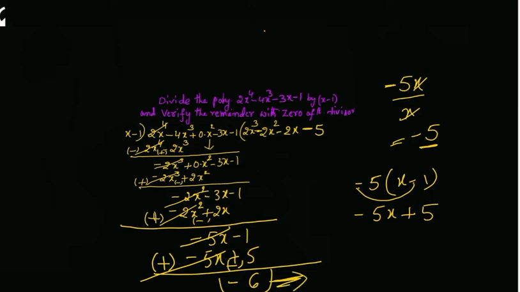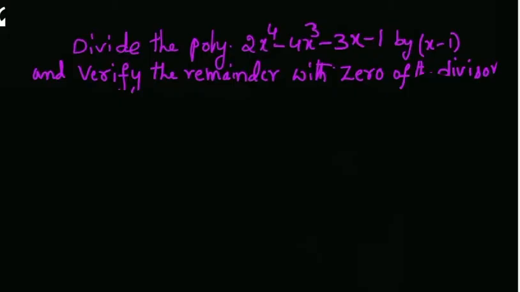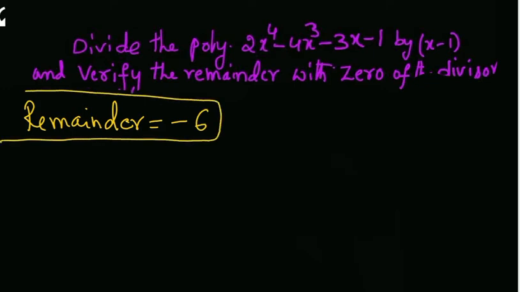Now we have to check it with the zero of the divisor. Here the remainder is minus 6, which we got by doing the division. Now we will check it with the zero of the divisor.